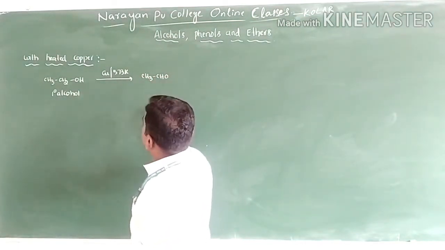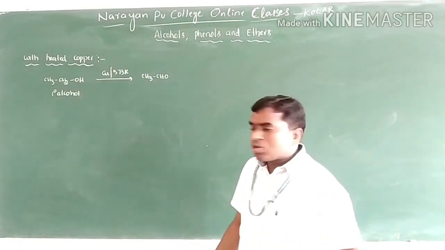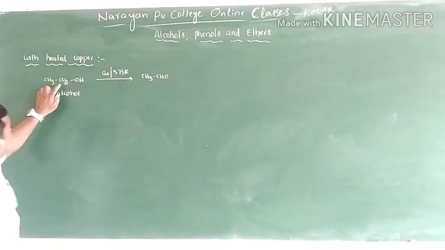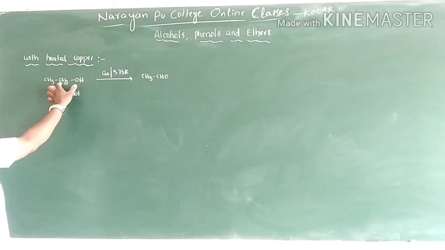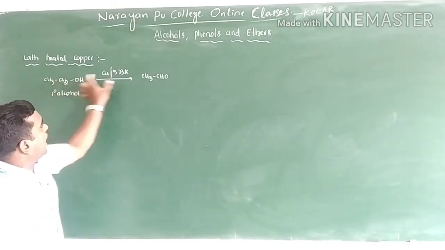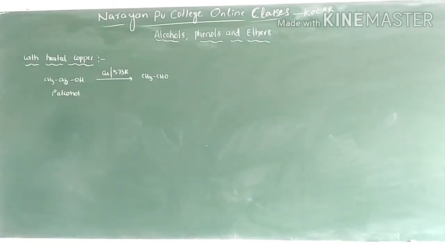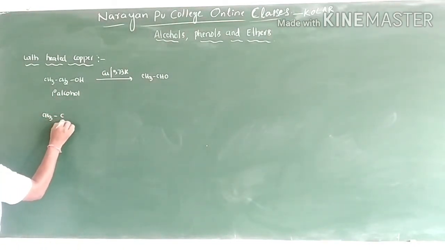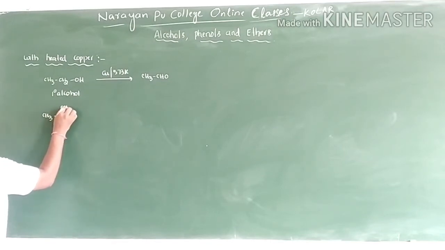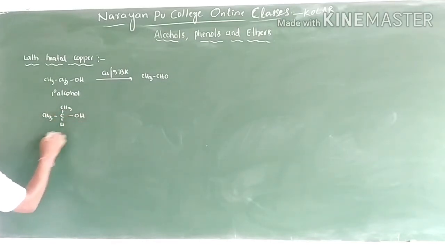Aldehyde. What is removed here? One H from the carbon and another H from the oxygen are removed, and we get the aldehyde, dehydrogenation. And the next one, secondary alcohol, CH3 CH OH CH3. Which alcohol is this?